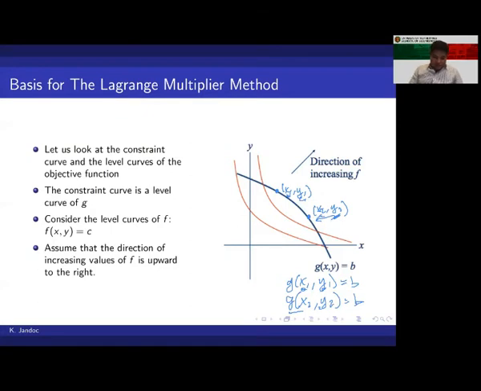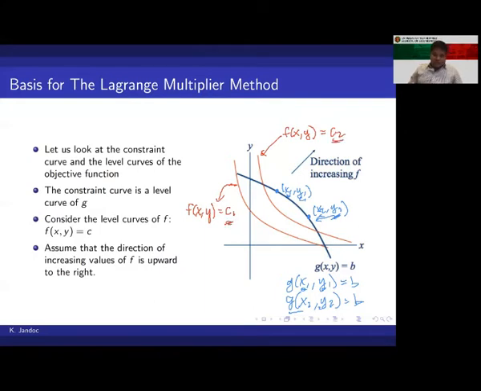This level curve, for instance, this line over here, gives the combinations of x and y such that it spits out a number C1, any number. This higher level curve over here has combinations of x and y such that it spits out C2. Now, C2 here is bigger than C1.